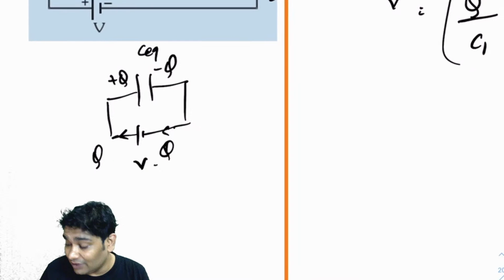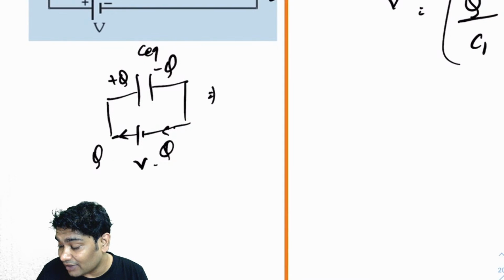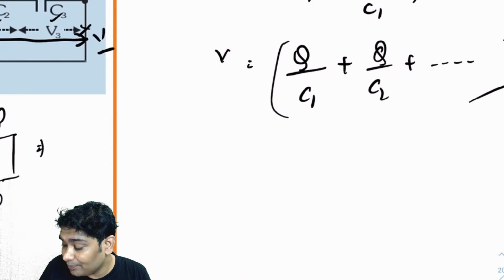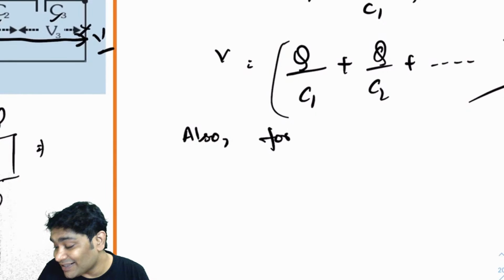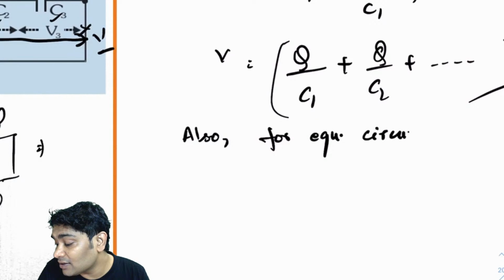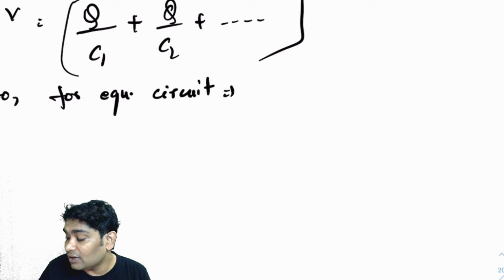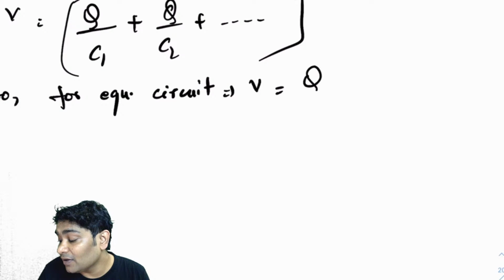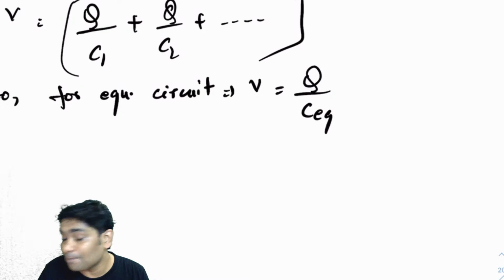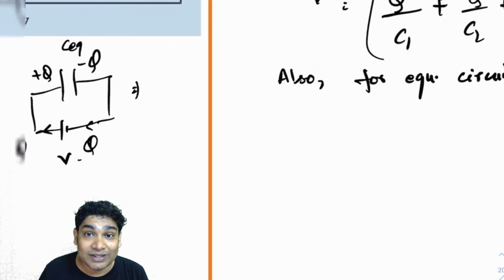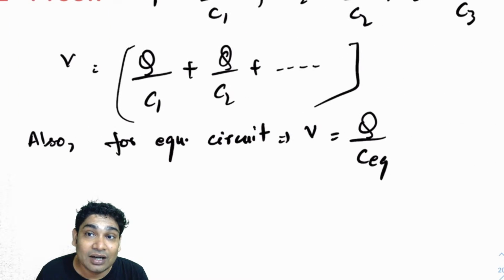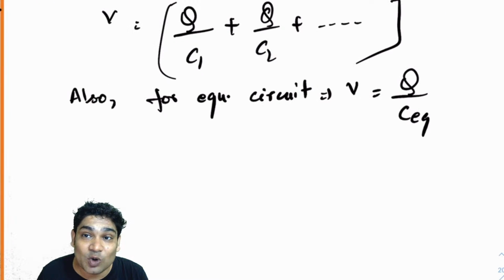So for the equivalent circuit, I can say that V would be equal to Q over C equivalent. Alright, for this single capacitor circuit, V equals Q over C equivalent.